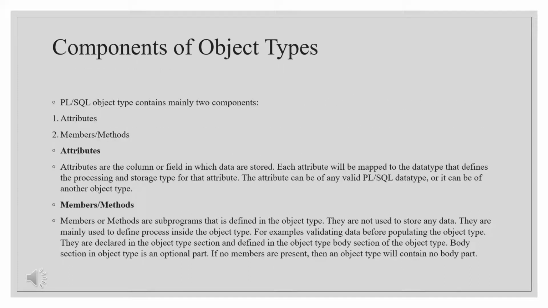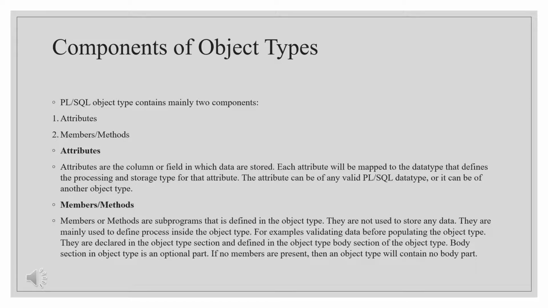Before moving to the practical implementation of object types, first, let's talk about the two main components of an object type, which are attributes and methods. Attributes are basically the properties, or the columns in which the data is stored for a particular object type. Each attribute will be mapped to a data type that defines the processing and storage type for that attribute.